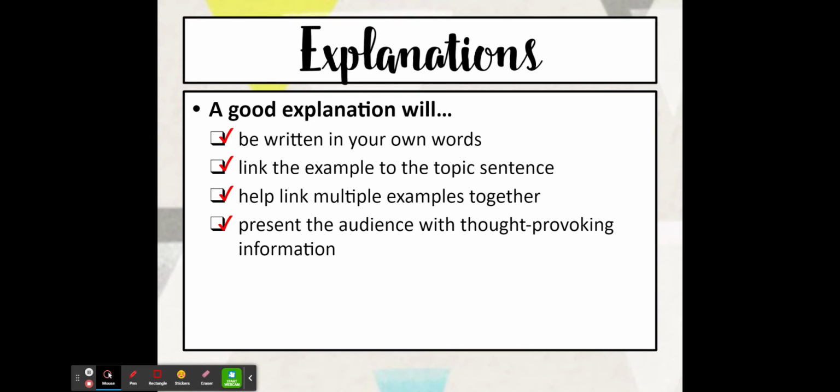We will be using multiple examples and explanations in one paragraph that all support your topic, right? So we want to make sure that our explanations, if we have multiple examples, link them together. For now, you don't have to worry about that. We're just providing one example and one explanation in our essay.